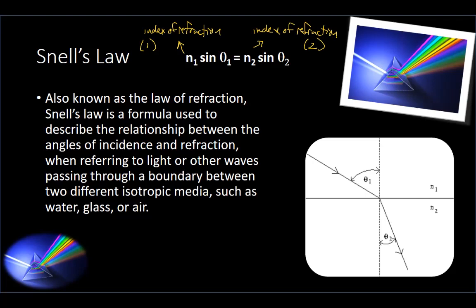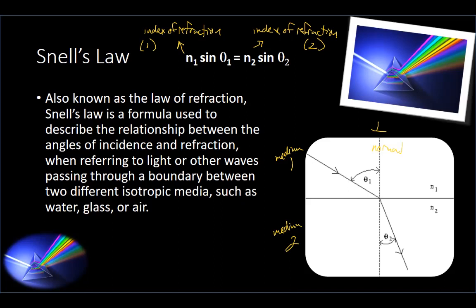Remember, the normal is going to be right here. The normal is perpendicular to the barrier between the two mediums. Up here we have medium 1, and down here we have medium 2. Here's theta 1, and here's theta 2.